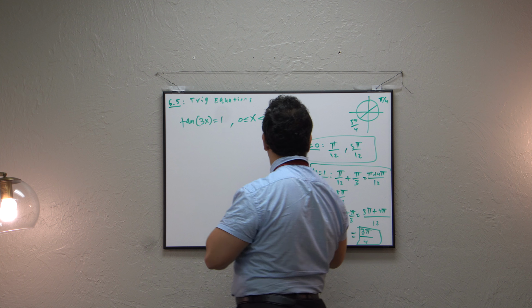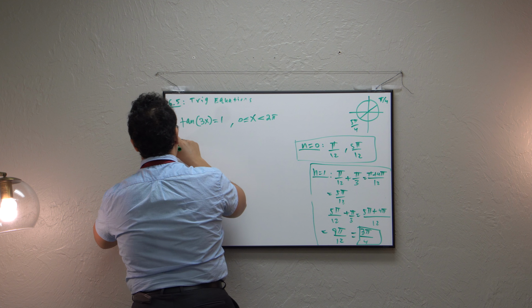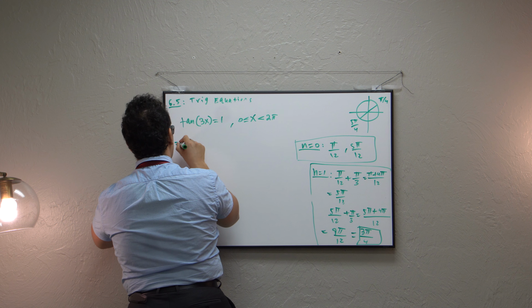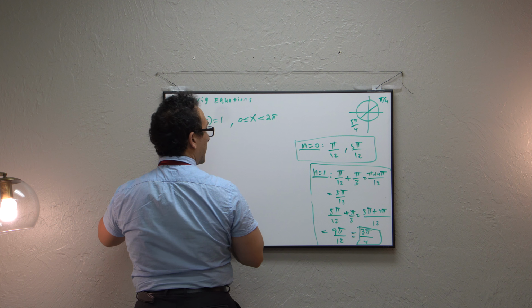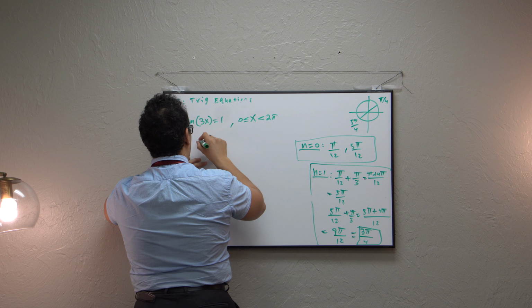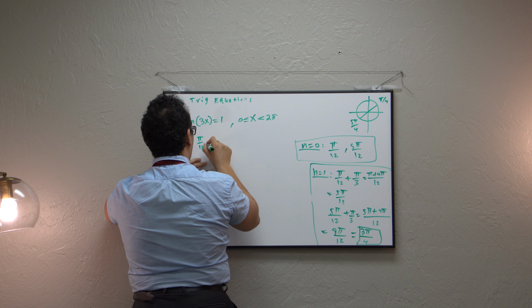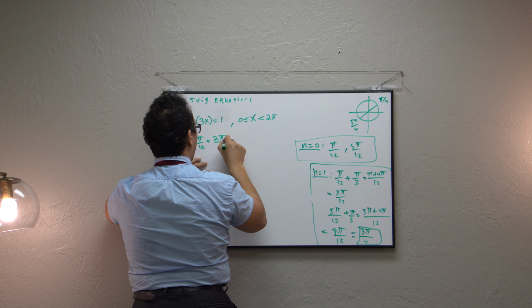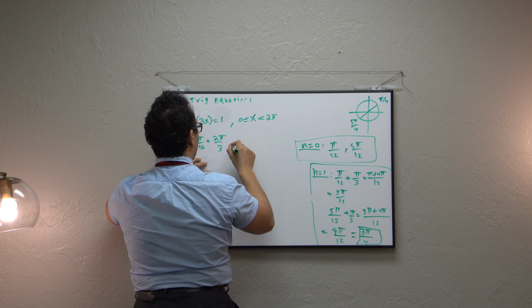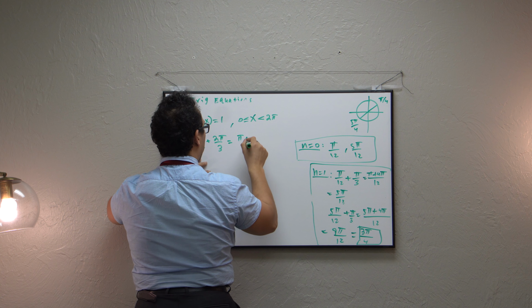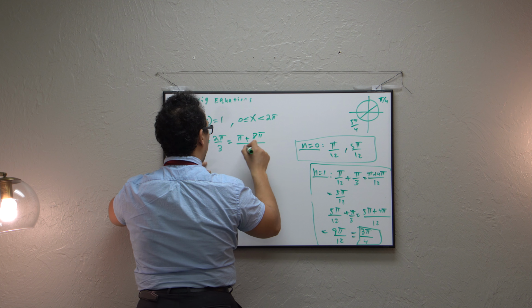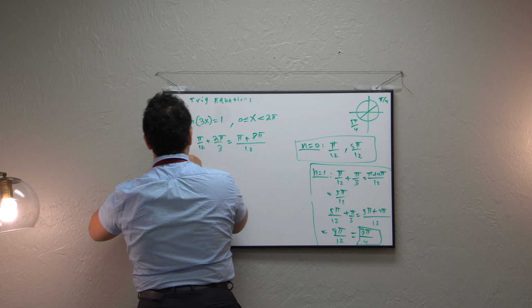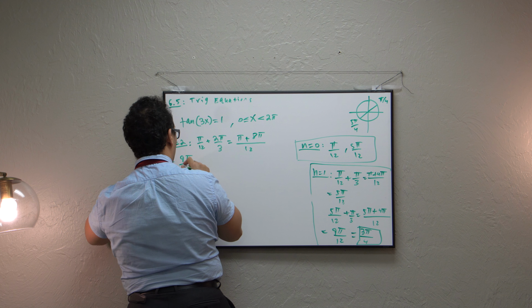Okay, so now let's do n equals 2, because we have to do this iterative process until we exceed a value of 2 pi. At n equals 2, we have pi over 12 plus 2 pi over 3. Multiplying top and bottom by 4, I get pi plus 8 pi all over 12, which reduces to 9 pi over 12.